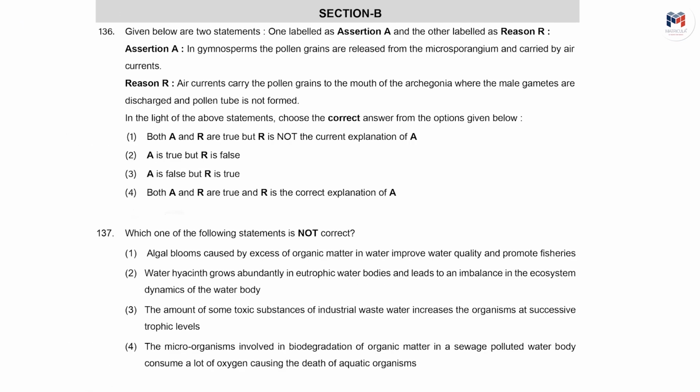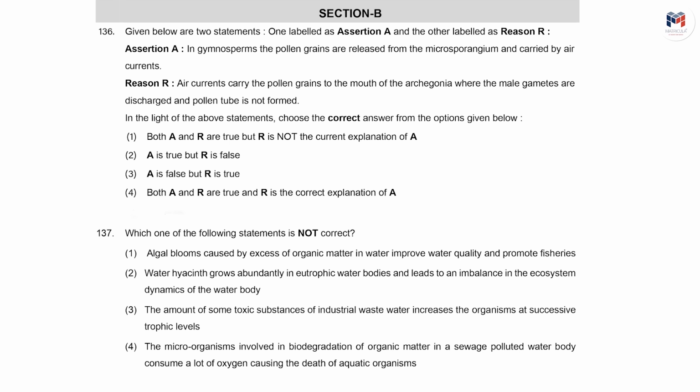Section B, Botany. Question number 136. Given below are two statements, one labeled as assertion A and the other labeled as reason R. Assertion A: In the gymnosperms, the pollen grains are released from microsporangium and carried by air currents.